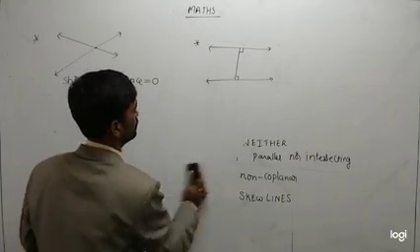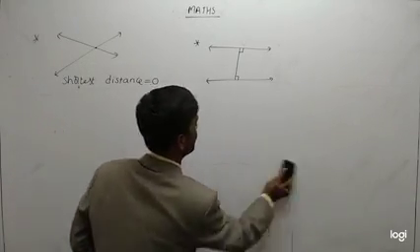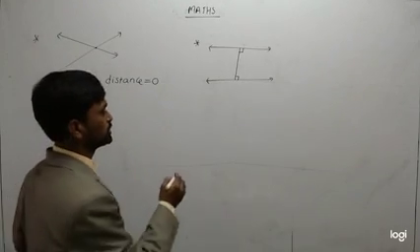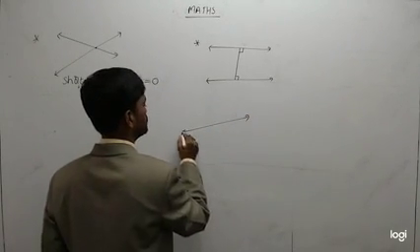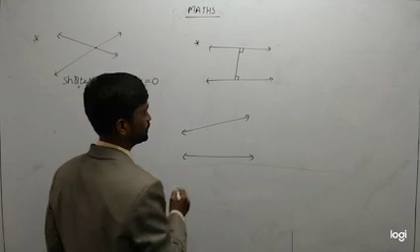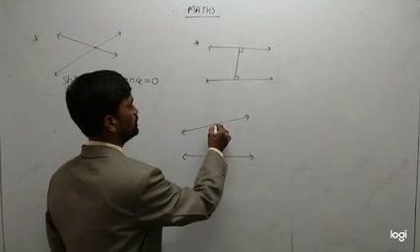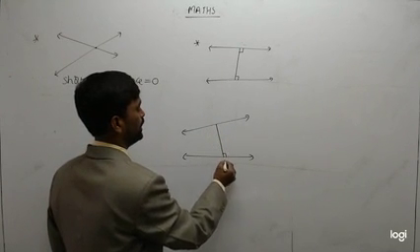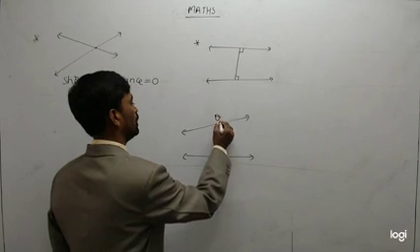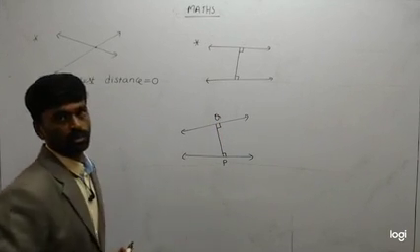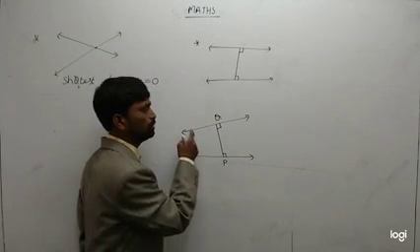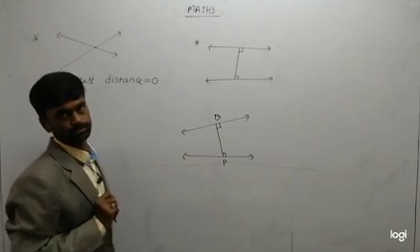Now, how to find the shortest distance? Suppose these are the two skew lines. The shortest distance between these two skew lines will exist along this PQ, where PQ is perpendicular to both the lines L1 and L2.